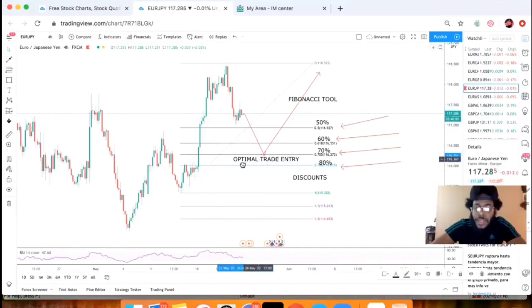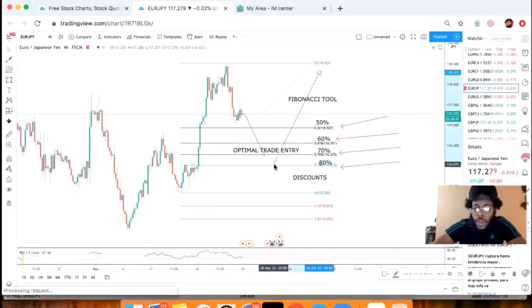It lets us identify, after the big push up, where can we look for price to rebound? Where are we going to look for buyers to come in? 50% is nice, 60% is nice, but they're really looking for 70%, or even 80%.